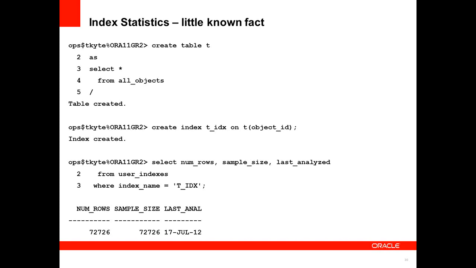I'd like to also point out that in version 12, the current production release of Oracle, the same is true for a direct path load into an empty table or a create table as select. So in version 12, that create table as select star from all objects would have automatically gathered statistics on the table as it was being created, and the create index would have gathered statistics on the index as it was being created, removing the need to gather those statistics.